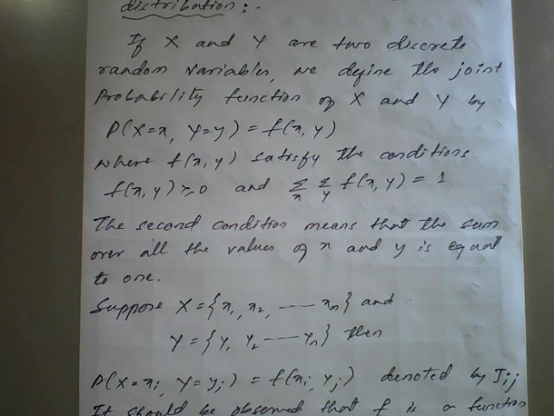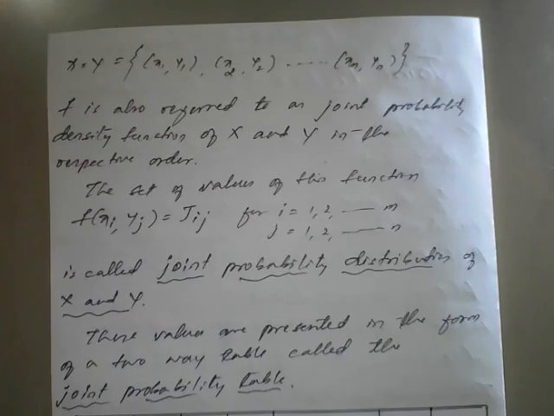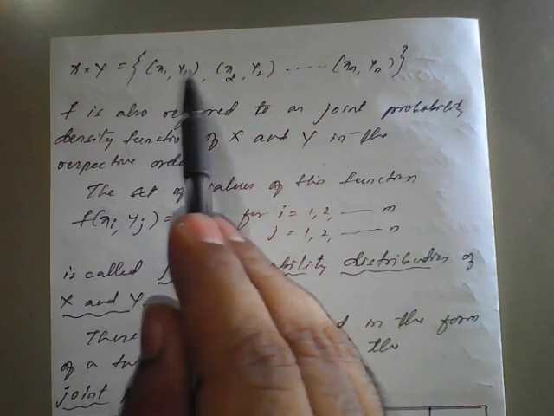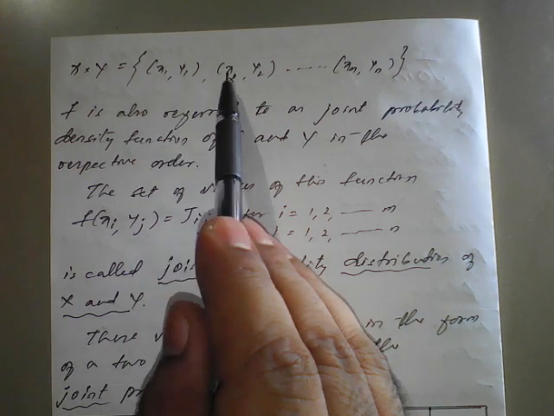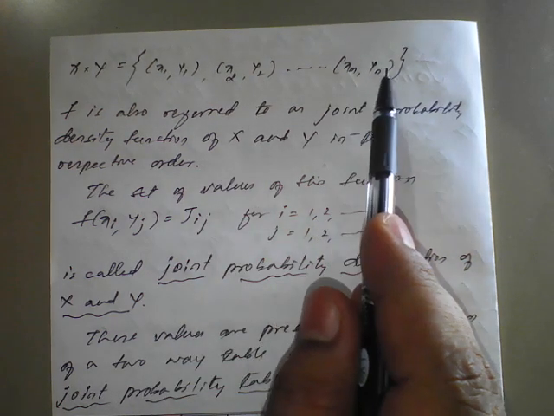So J of ij. It should be observed that f is a function on the Cartesian product of set x and set y, as we have x cross y, which is the set of pairs (x1, y1), (x2, y2), and so on up to (xn, yn).